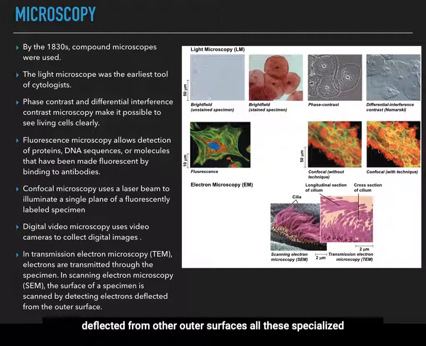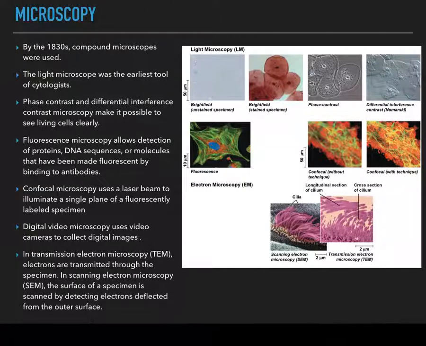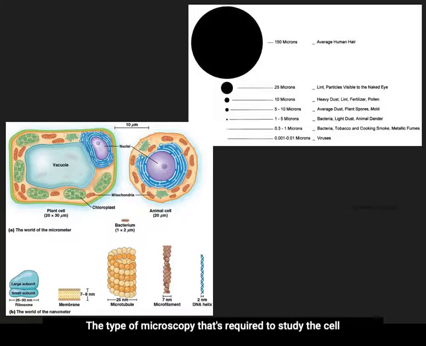All these specialized approaches allow for the visualization of specimens. The type of microscopy that's required to study the cell can be determined by the part of the cell being studied. These figures on the slide give relative sizes of different molecules.